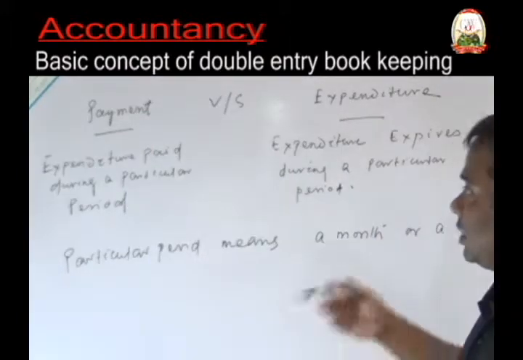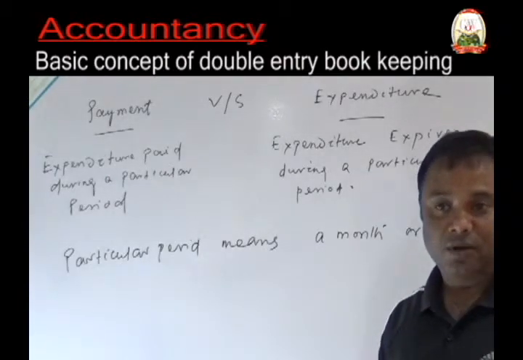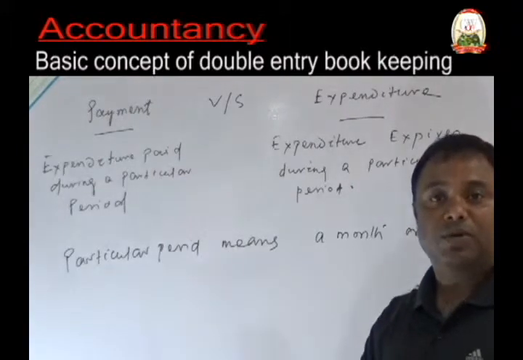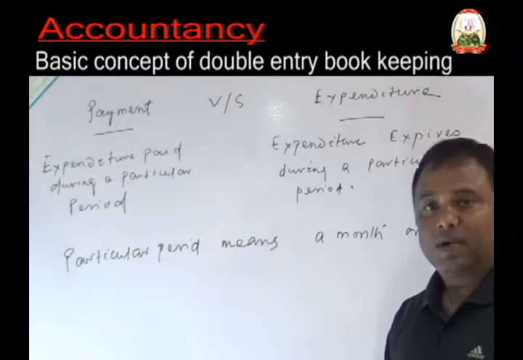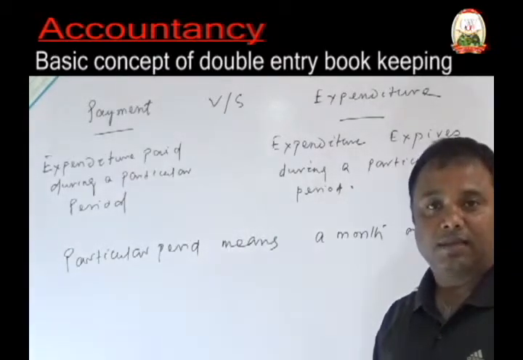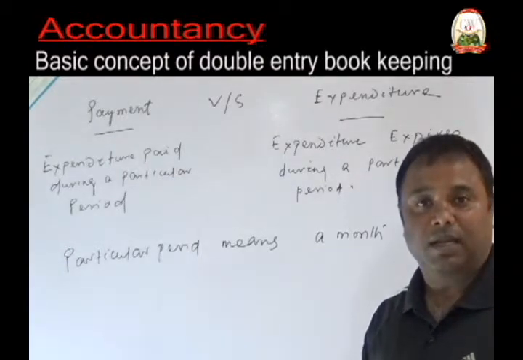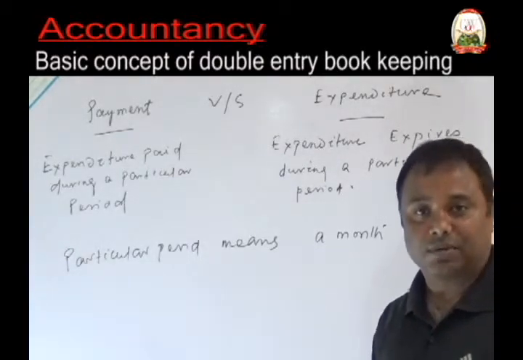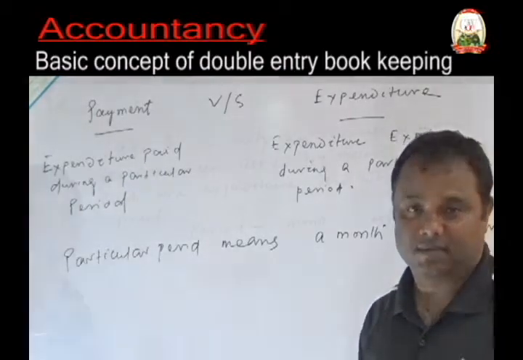So while we take into consideration the payment or expenditure, we have to first decide for which period we are preparing the payment, for which year we are preparing the expenditure. Now we take our family as a particular business unit. Taking our family as a business unit, let us look at certain examples to identify which are the expenditure and which are the payments.